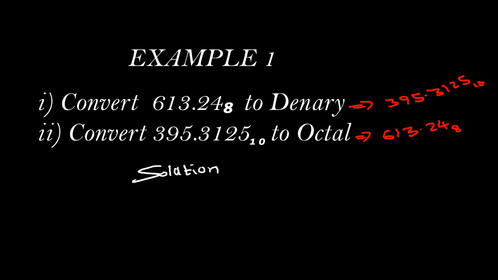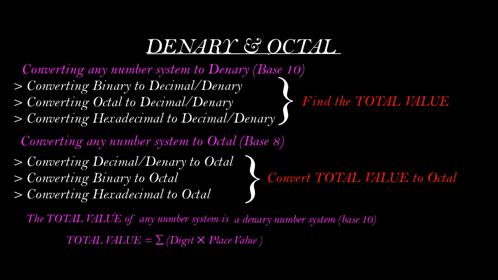Remember, we said converting any number system to denary number system, you simply look for the total value of that number. The total value of any number system is always to base 10, is always a denary number system. So if you want to convert an octal number system to denary, you simply look for the total value.